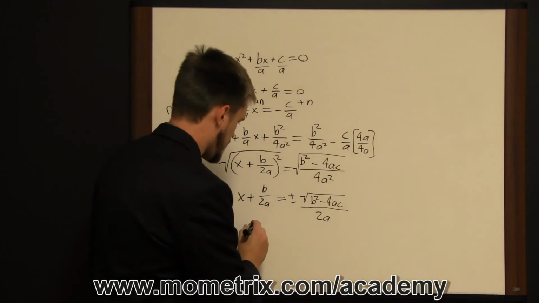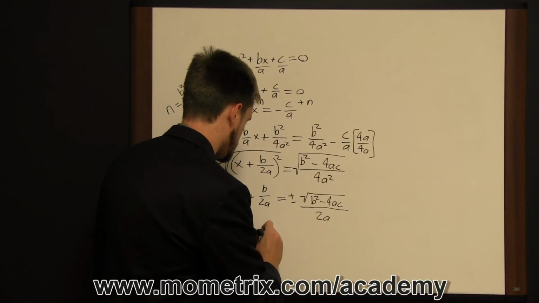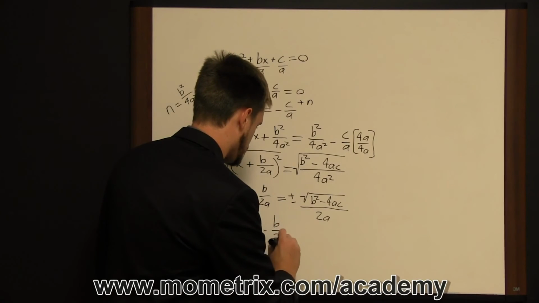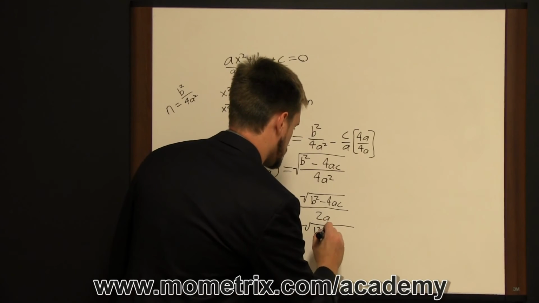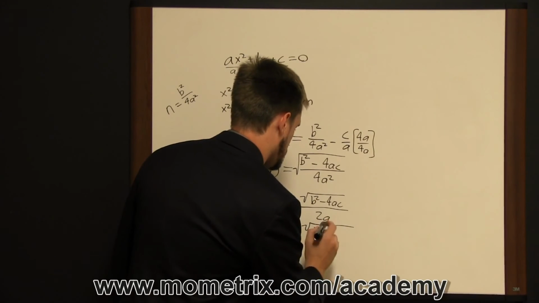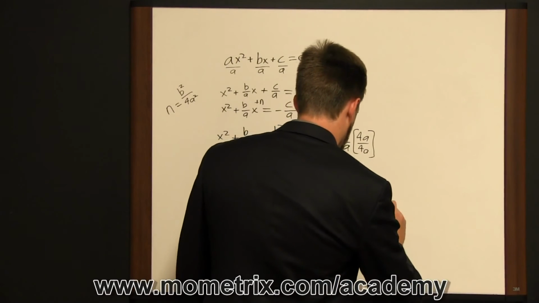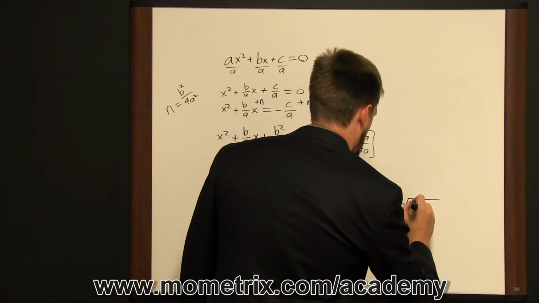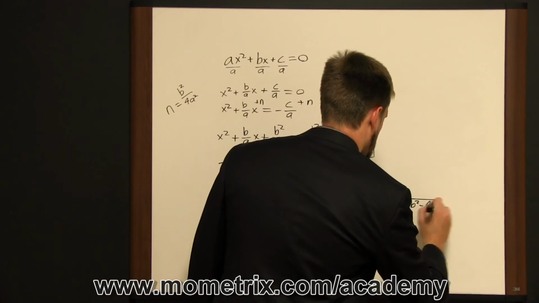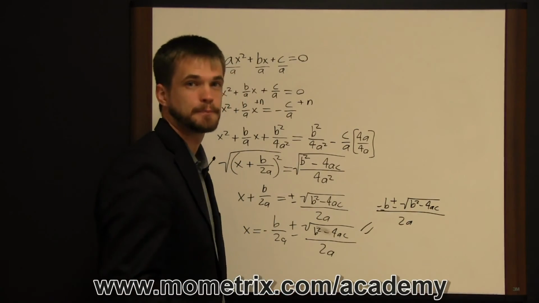And so now to finish solving for x, we have to subtract b over 2a from both sides, and that gives us x equals negative b over 2a plus or minus the square root of b squared minus 4ac over 2a. And we can combine this to write it as negative b plus or minus the square root of b squared minus 4ac over 2a, because they have a common denominator in 2a.